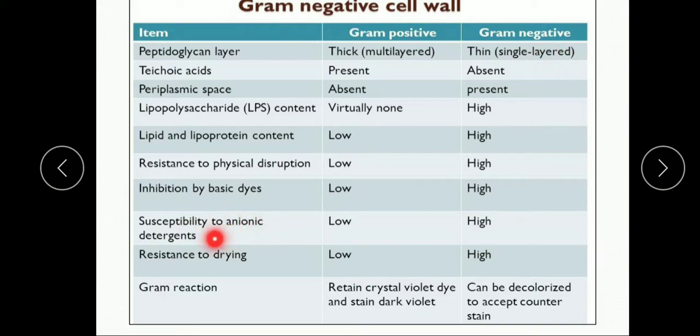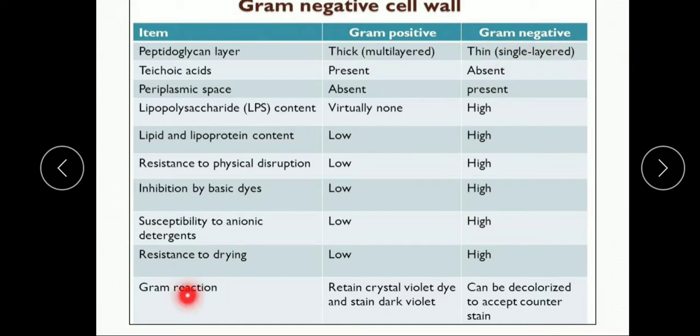Now susceptibility to anionic detergents is very low in gram positive, and very high in gram negative because of thinness. Now resistance to drying: gram positive has high capacity because of the thick cell wall. It does not dry easily, but gram negative can dry easily because of the thin, single layered cell wall.